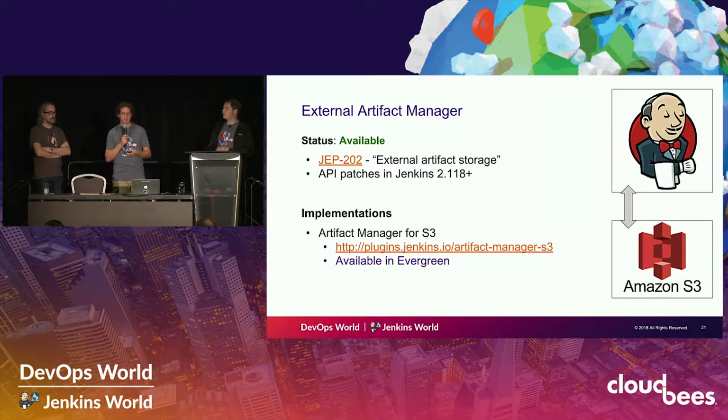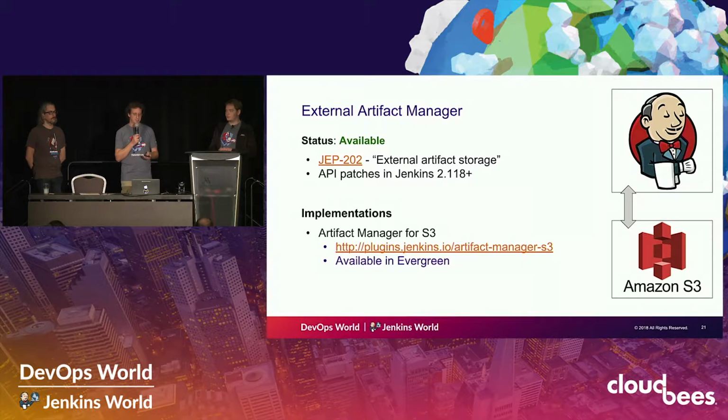of those. So first of all, about artifact management. This was done as part of Jenkins enhancement proposal number 202. I think there's a talk about the JEP process and how these things work. This basically set up all of the infrastructure needed in Jenkins for plugins to add these external storages.